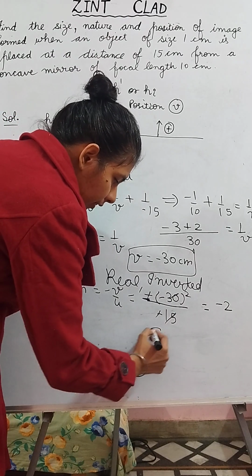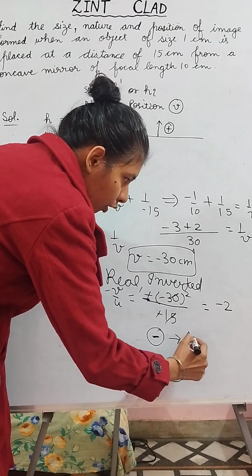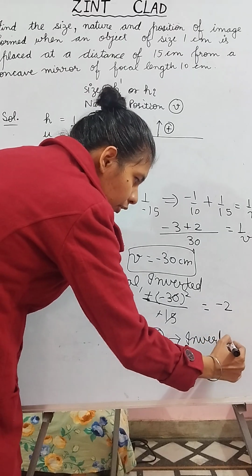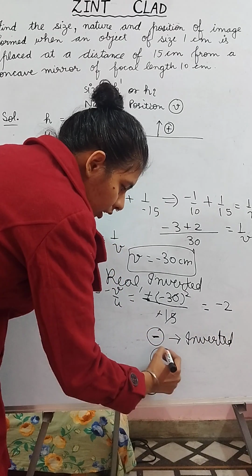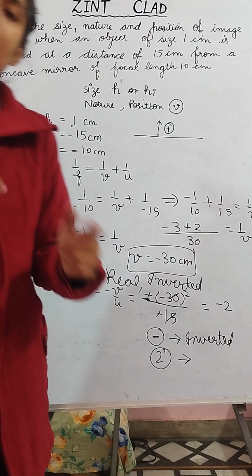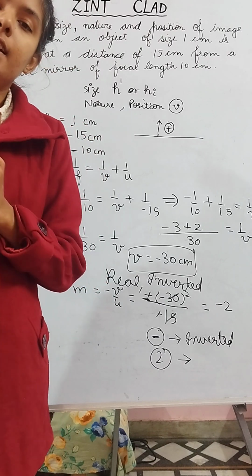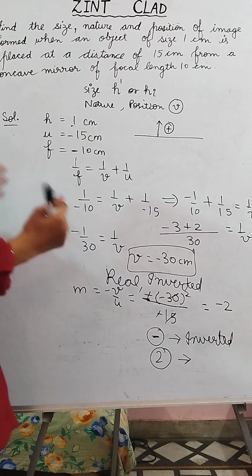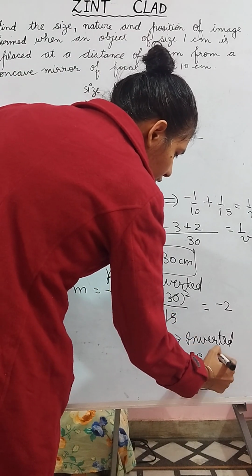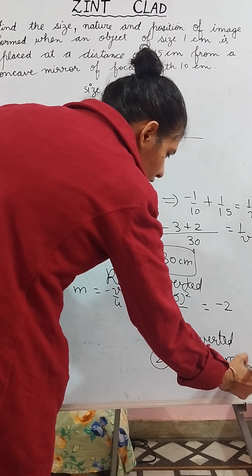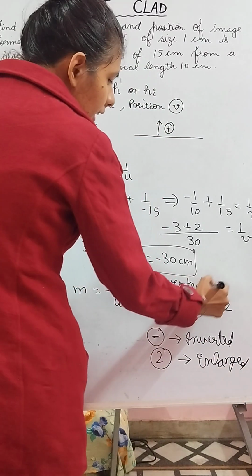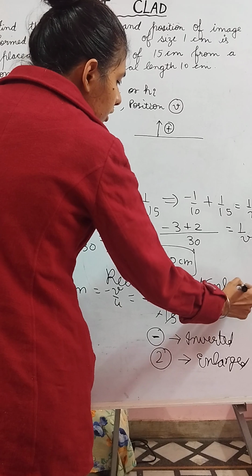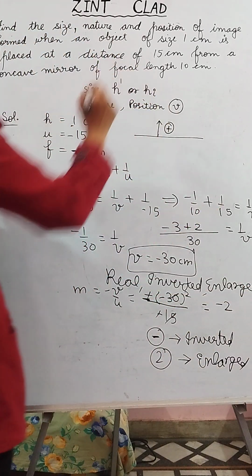Minus means the image is inverted, which we already know. And 2 means, what's the meaning of 2? 2 means it's greater than 1. It's greater than 1 means the image would be bigger in size. Image would be enlarged. So what you write in the nature? Real, inverted and enlarged.